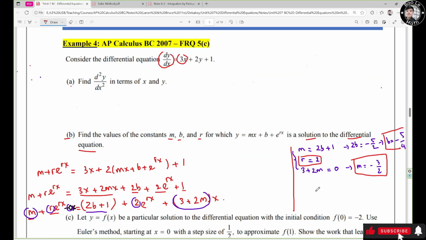Now this one is the first case. Now the second case, what if r equals 0?